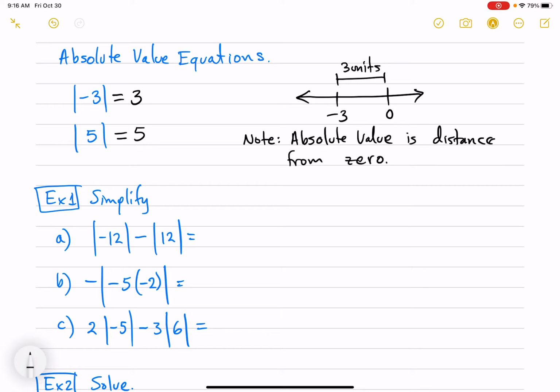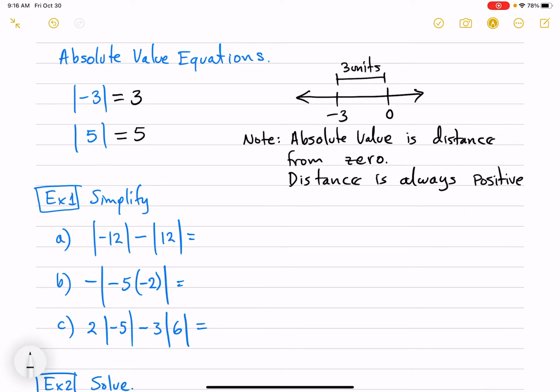And also in that note, we know that the distance is always positive. So keep in mind that the absolute value of a number is always going to be positive because we think about it as the distance from 0.